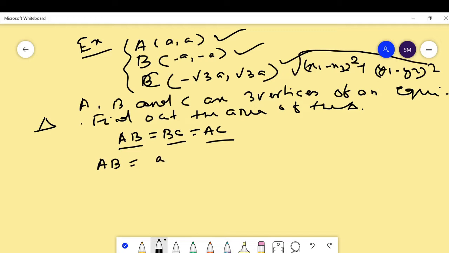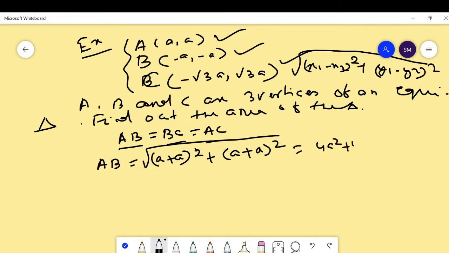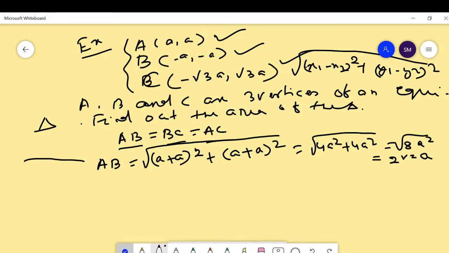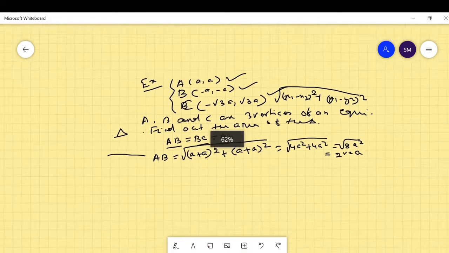Then AB is equal to the square root of (a plus a) whole square plus (a plus a) whole square. This is 4a square plus 4a square, which is 8a square under the root, which equals 2 root 2 a.